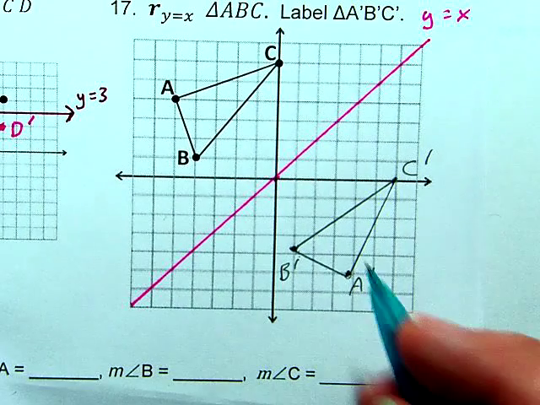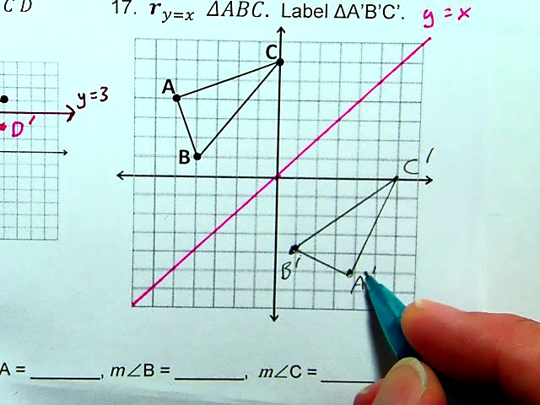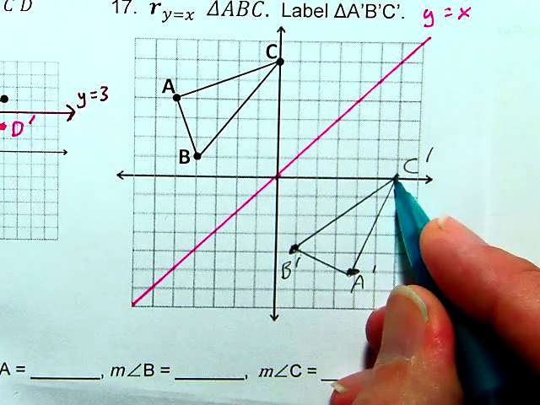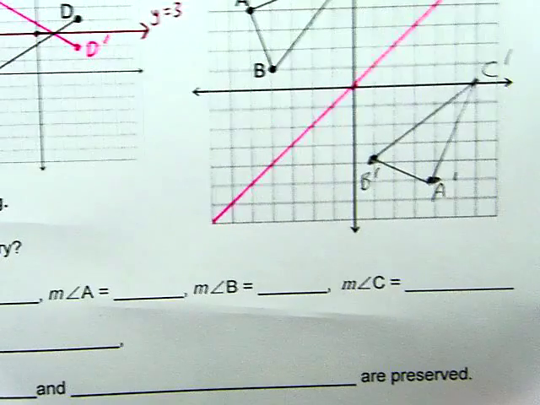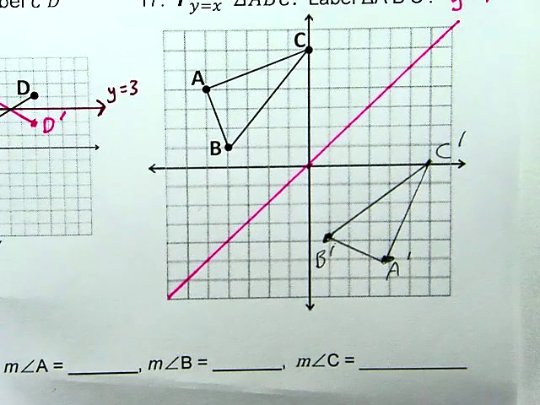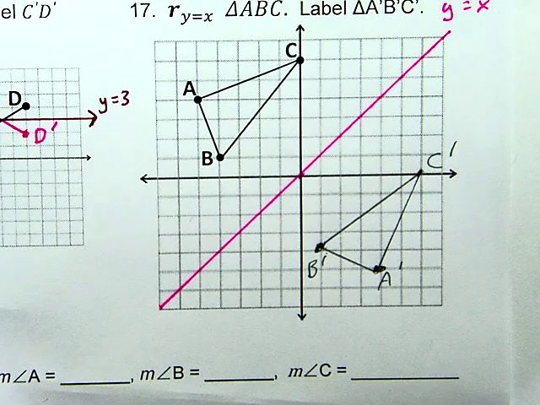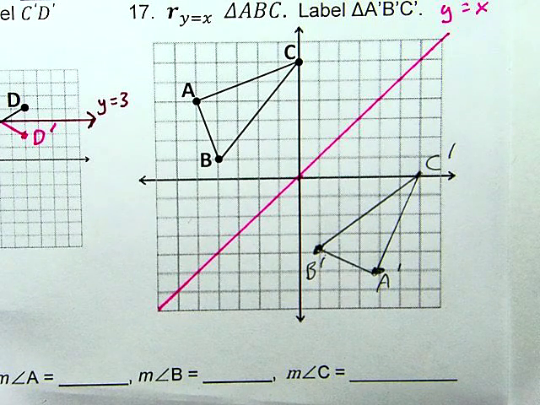Okay. Point B is here, point A is here, point C is here. Let's get our coordinates. And let's compare the coordinates of A, B, and C with A prime, B prime, and C prime.